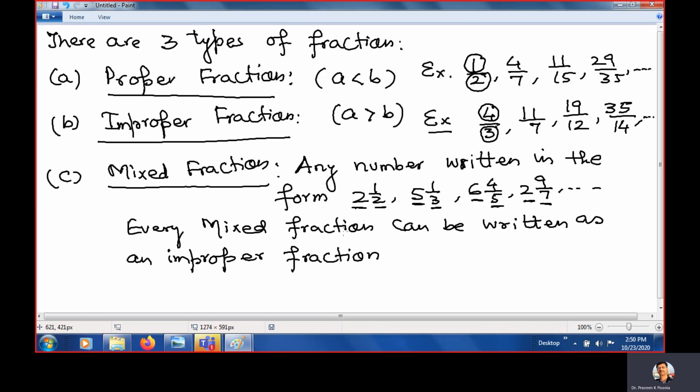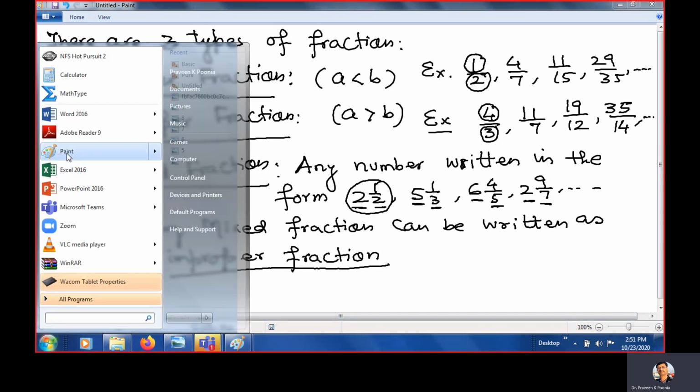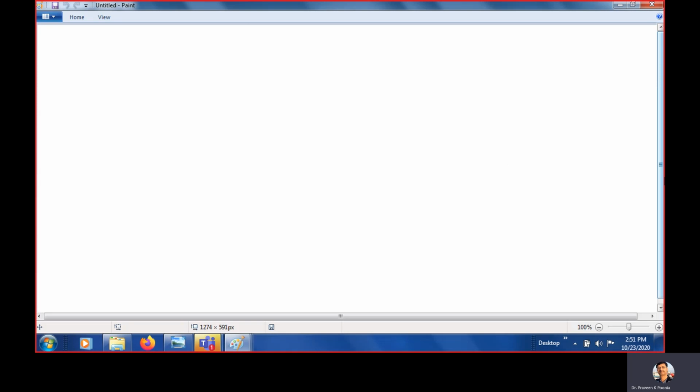First we defined three types of fraction: proper fraction, improper fraction and mixed fraction. And this mixed fraction, we are saying it is in this form, but it can be written in the form of an improper fraction. That means we are going to convert a mixed fraction into an improper fraction. How we are going to do that, we will learn with an example.